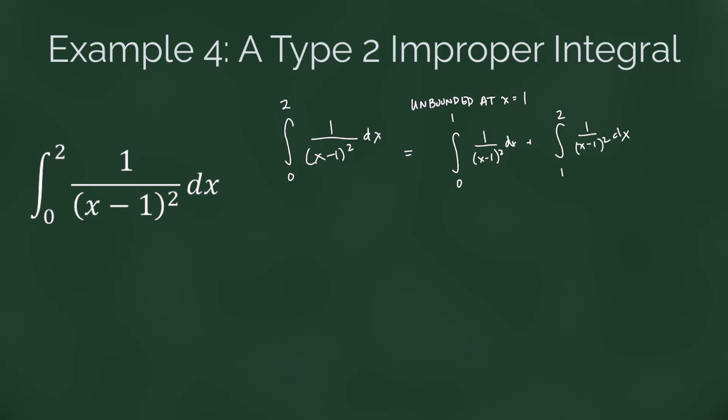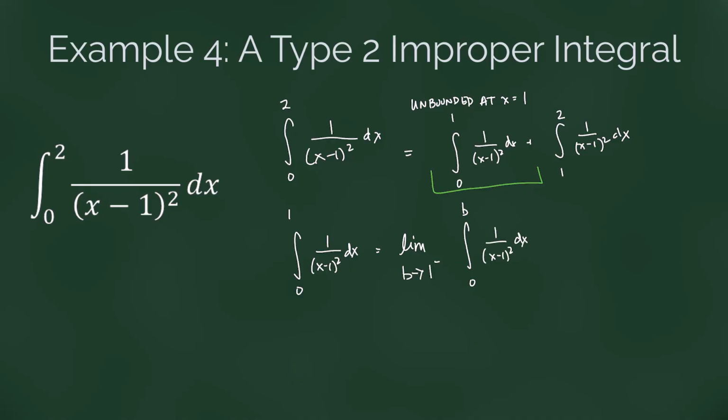And we're going to examine each of those using a limit. So we'll just work with the one on the left first. We're going to examine the integral from 0 to 1 of 1 over (x minus 1) squared dx. And our rule tells us, since 1 is the place where this is unbounded, this is going to be the limit as b approaches 1 from the left of the integral from 0 to b of 1 over (x minus 1) squared dx.